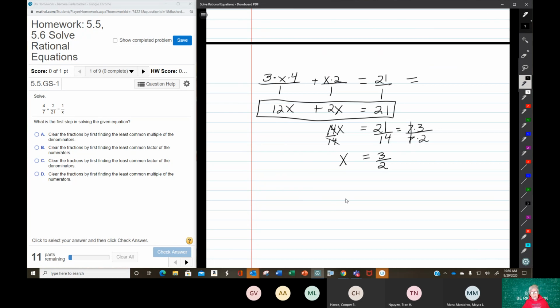So x equals 3 over 2. And you can check it or not. I usually don't check answers when they're fractions. I got 1.5. Same thing. If you put 3 over 2 in your calculator and hit enter, it'll give you 1.5. So very good.